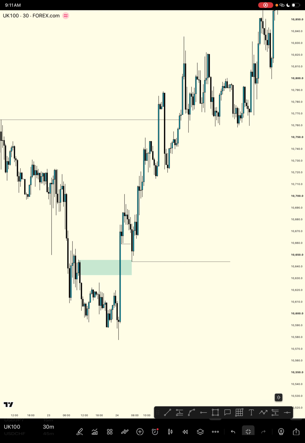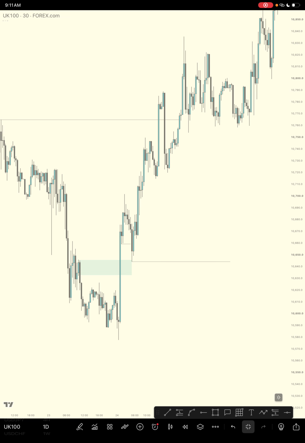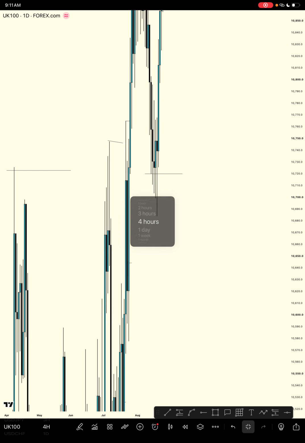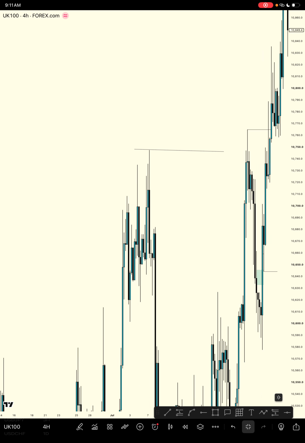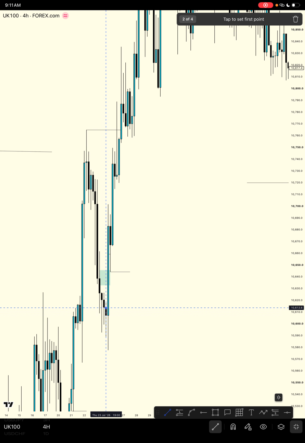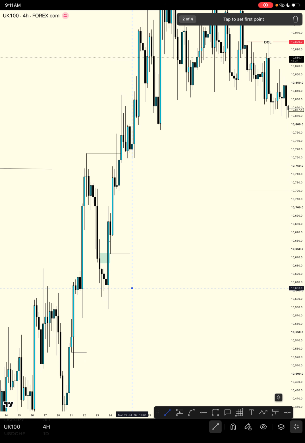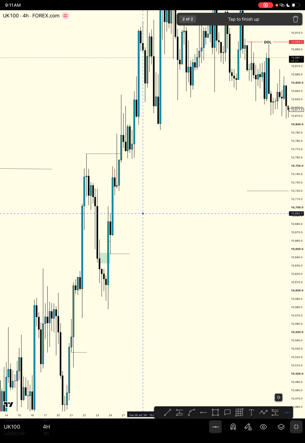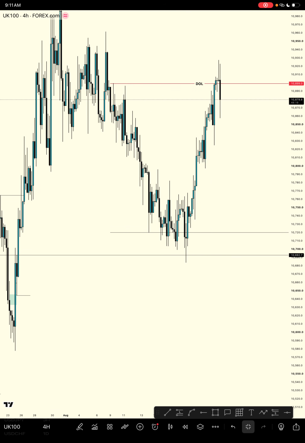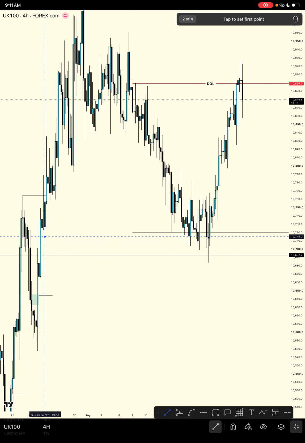I'm no longer expecting market to come down to this zone here to take a buy from, because this zone won't be used again. It was where market would pick the buy from, using this thing here as an inducement.